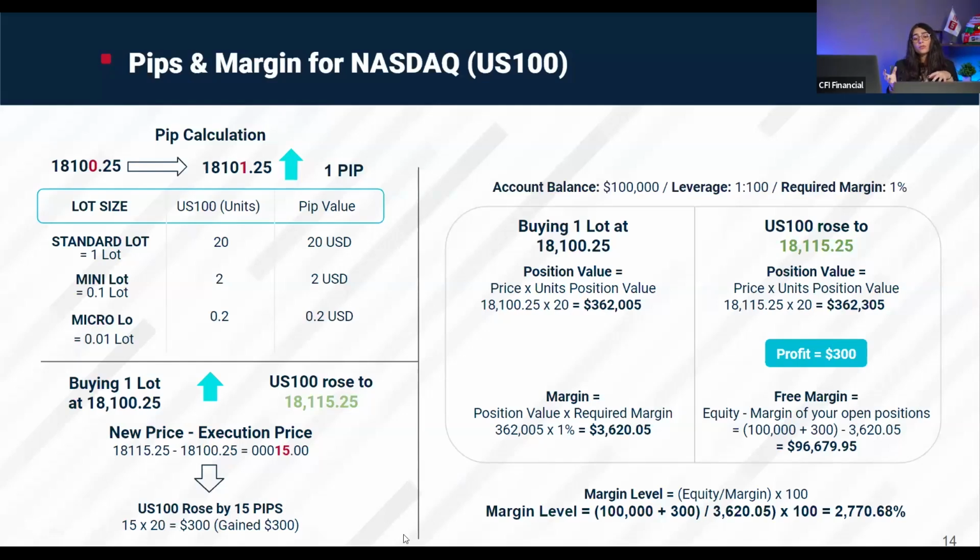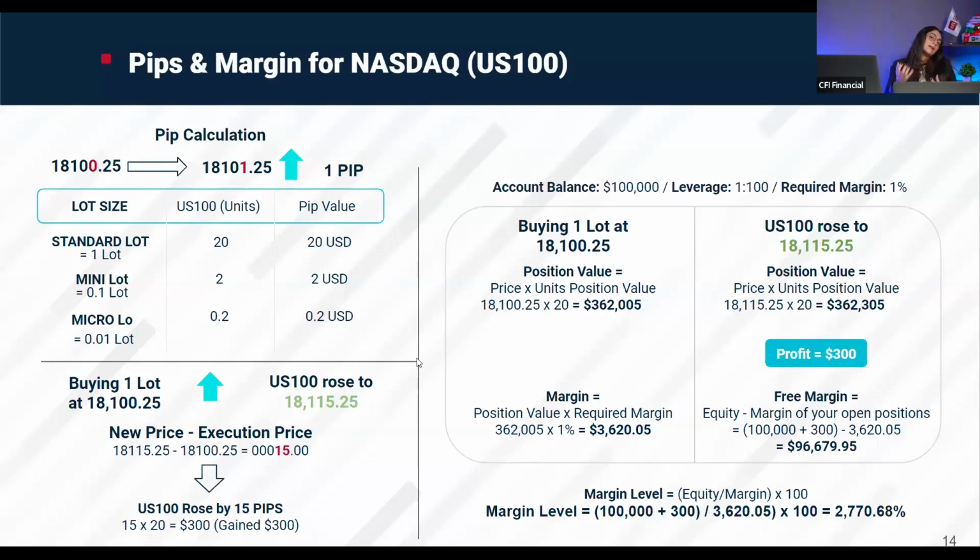Now we're going to move to calculating the margin, free margin and the margin level. So in this case, we have an account balance of $100,000. We have a leverage of 1 to 100, and we have a required margin of 1%. So let's say we went and we bought one lot at the price of 18,100.25.